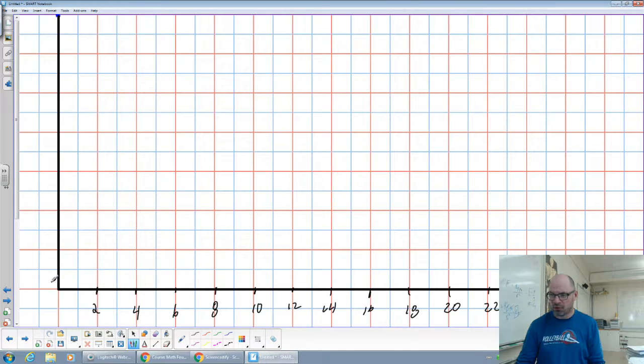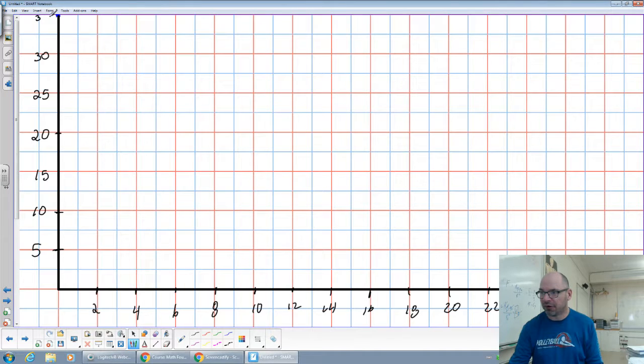Okay, so one space 2.5, 2 spaces are 5. Well, that's a nice round number. So we'll go 5, go up another 2, 10, go up another 2, 15, go up another 2, 20, go up another 2, 25, go up another 2, 30, okay, and then obviously 35 is going to be up here, very top line.